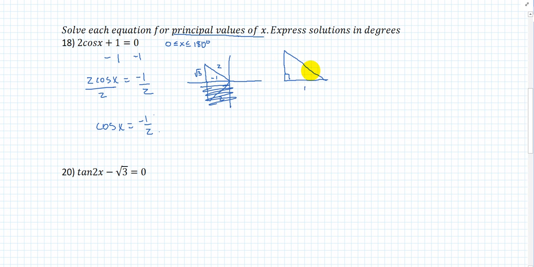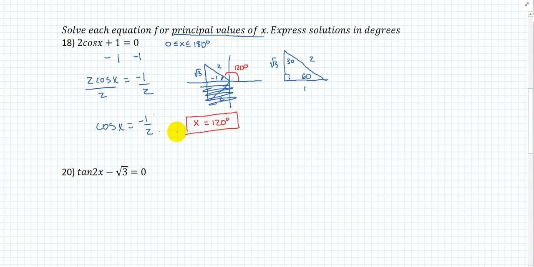A 1, 2, root 3 triangle is a 30, 60, 90 degree triangle. So this right here is 60 degrees. If that's 60 degrees, then this right here has to be 120 degrees. And so x is 120 degrees.